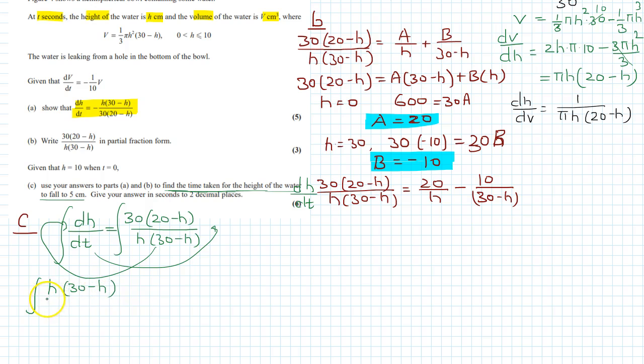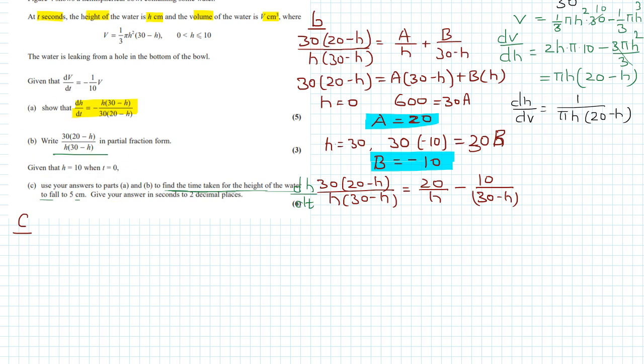We have dh over dt, so we'll take this one. dh over dt is equal to minus h(30 minus h) over 30(20 minus h).